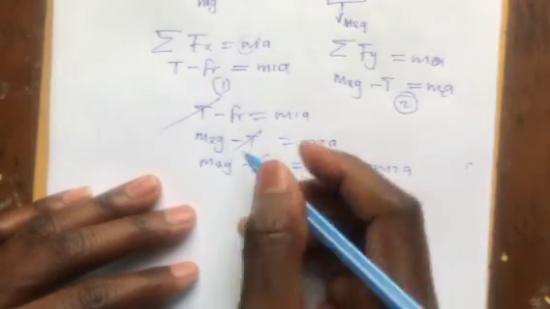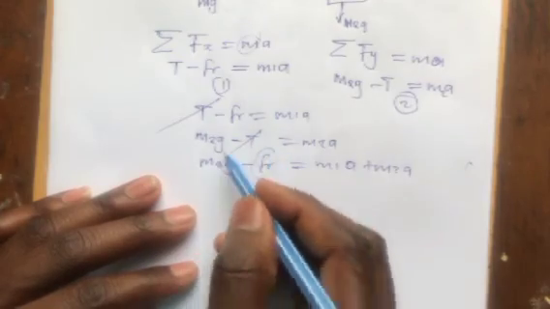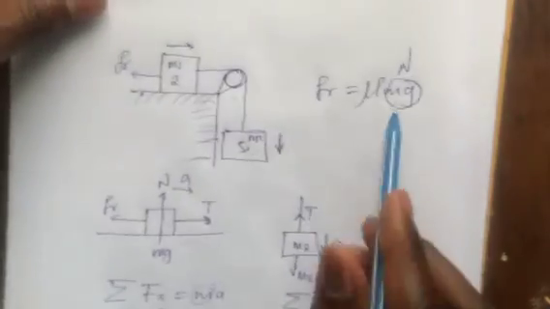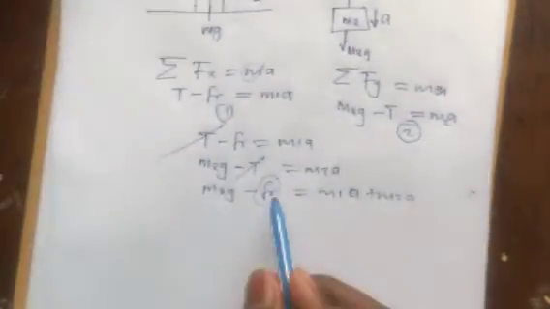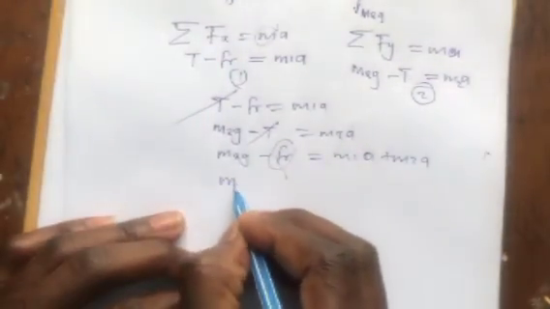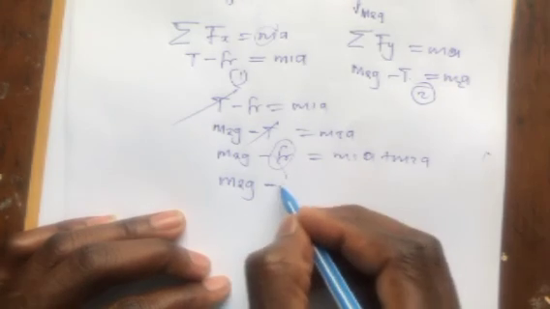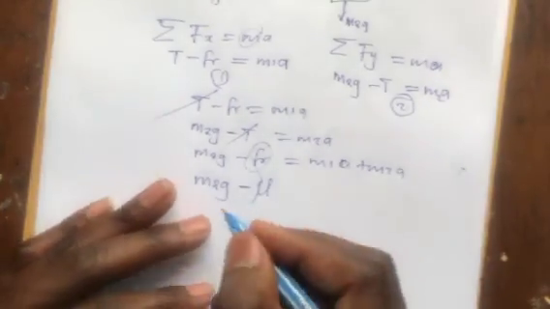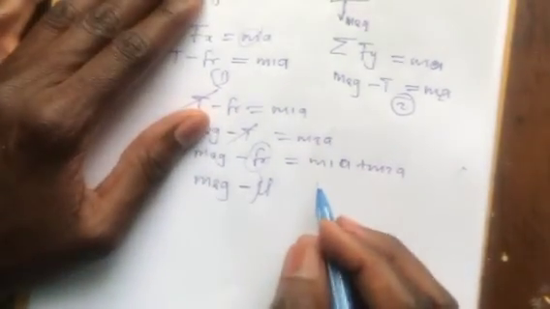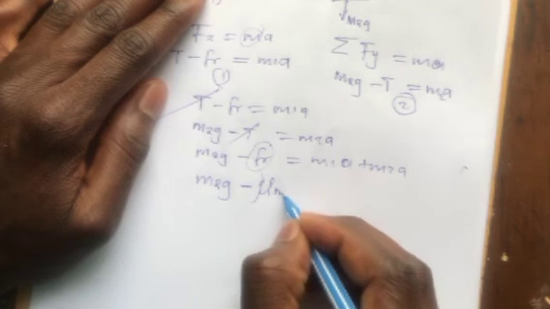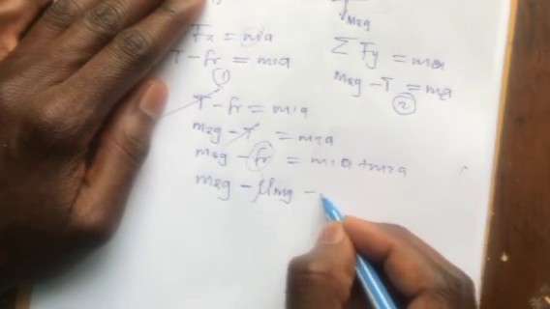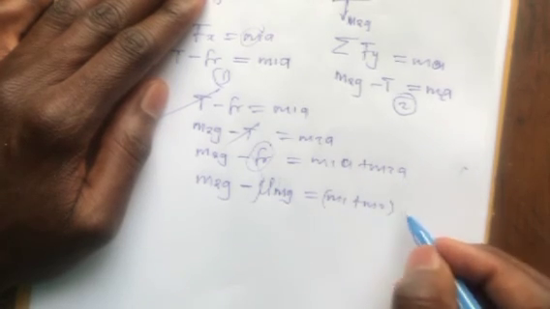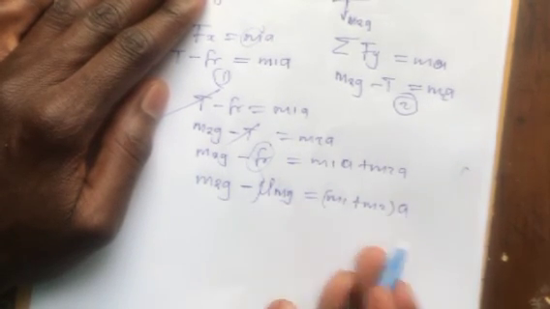But remember what this one is all about. What are you supposed to put here? You have to put the one which I'm showing on top there. That's what we are going to replace where there is friction. So we are going to have M2G minus mu. This mu depends on what type of friction you are having. If the object is moving, that is the coefficient of kinetic friction. So we're going to have m1g equal to m1 plus m2, and I have factored out a like this. Even here you can factor out g.